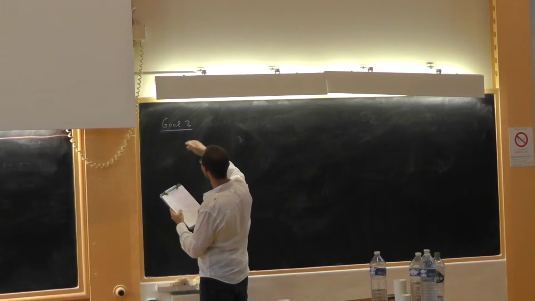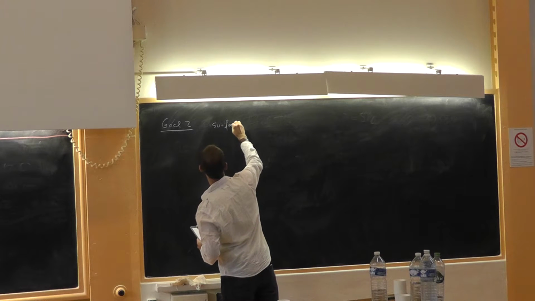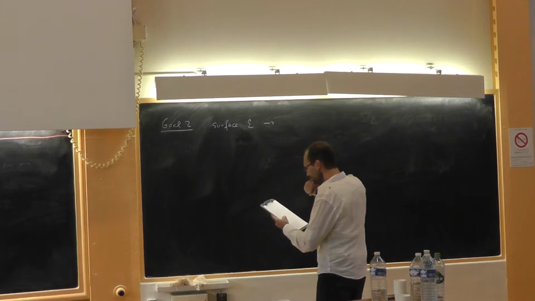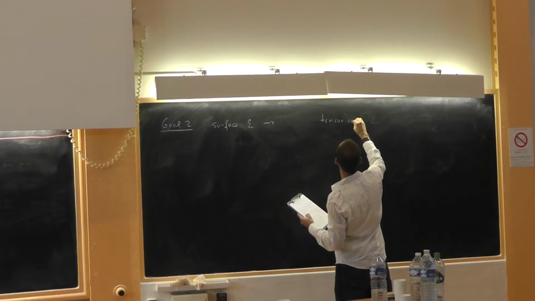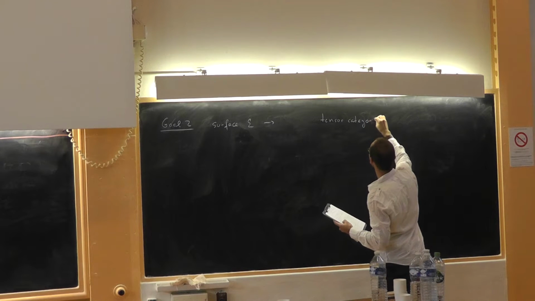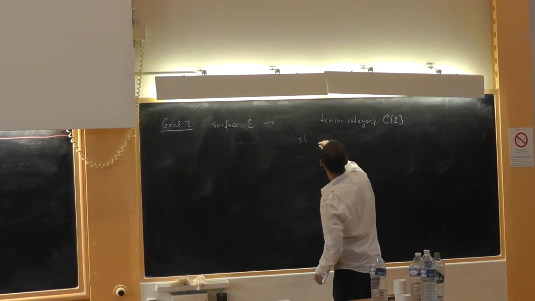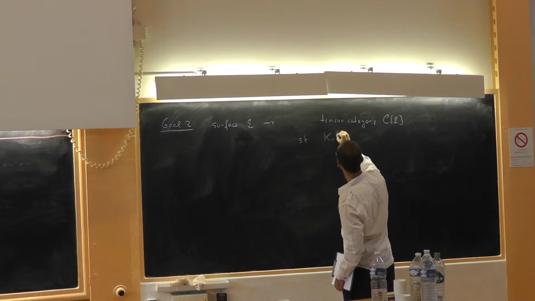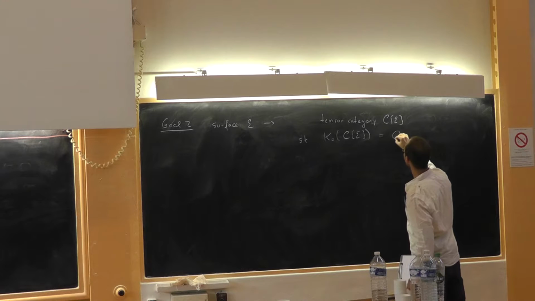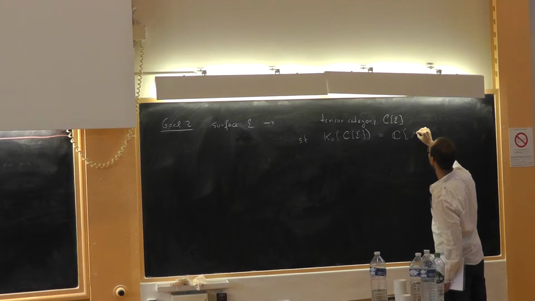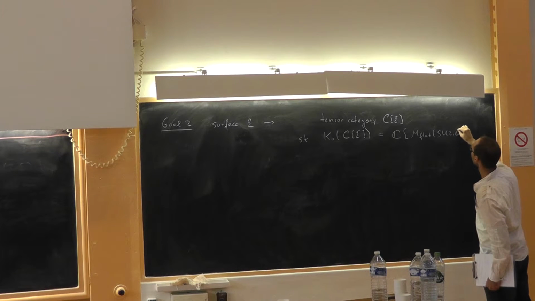Okay, so goal 2, categorifying hyperbolic geometry, is to take a surface and assign to it a tensor category, monoidal category, such that the Grothendieck group of the category is the same as the ring of functions on the moduli space of flat SL2C connections on sigma.